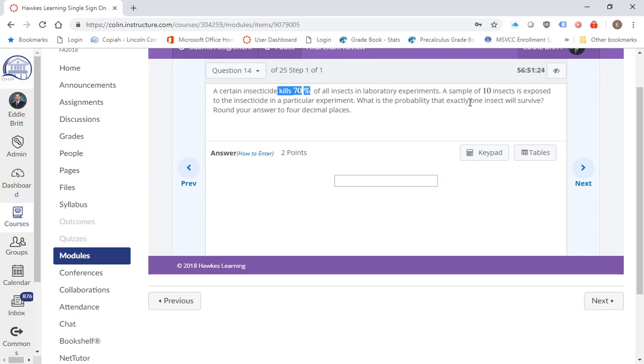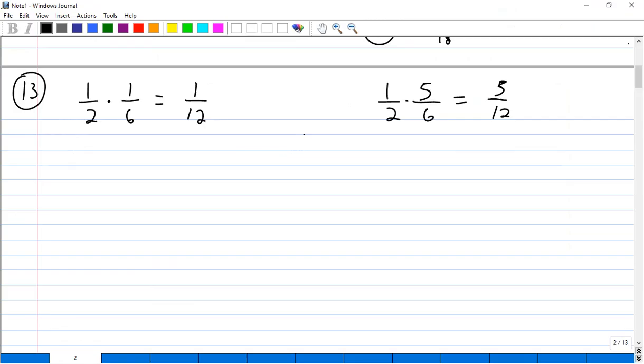So I probably don't want to use the percentage that kills if I'm trying to talk about how many survive. So what is the chance that the insect will survive? Is 30%, right? If it kills 70%, then 30% are still surviving. They're still out there flying around.